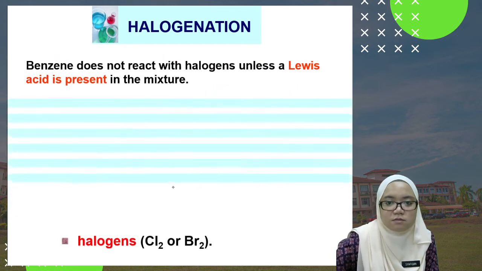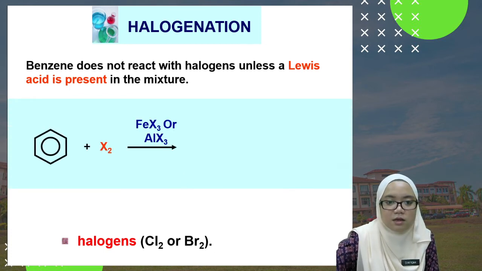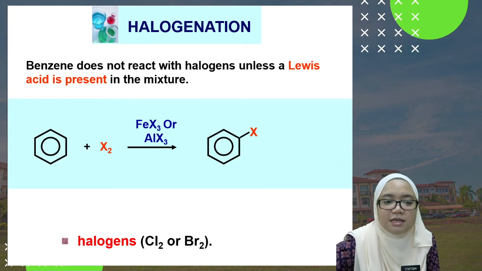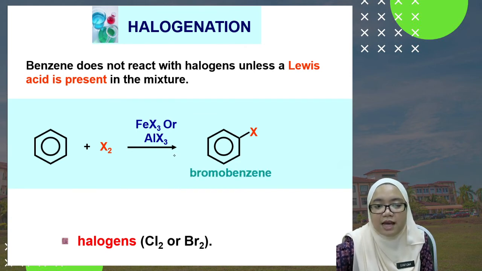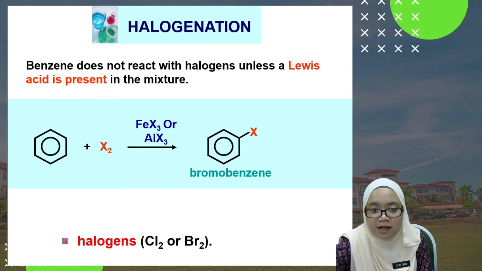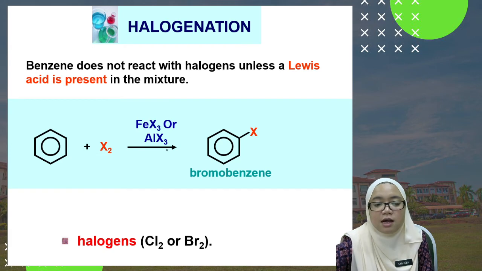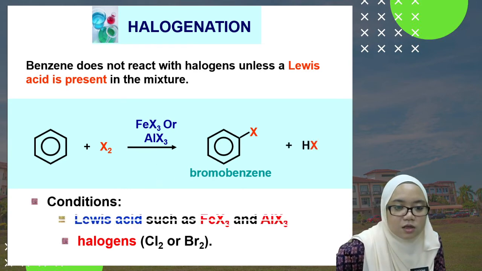So here, benzene does not react with halogen unless a Lewis acid is present in the mixture. The Lewis acid depends on the halogen that we use. If we use bromine, then we use FeBr3 or AlBr3. If we use chlorine, we use the Lewis acid FeCl3 or AlCl3.